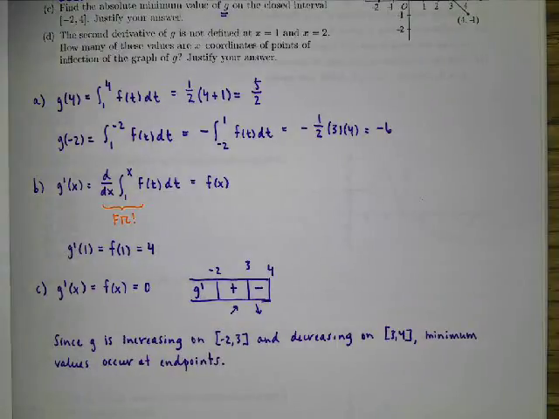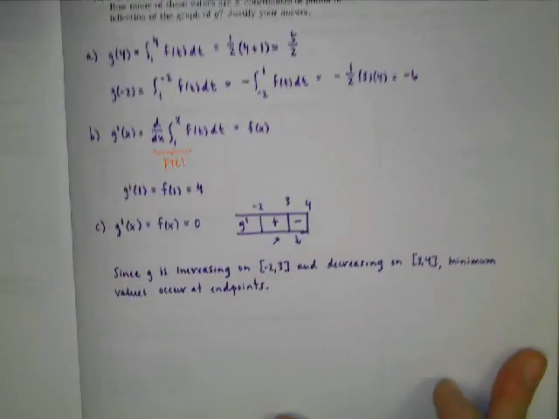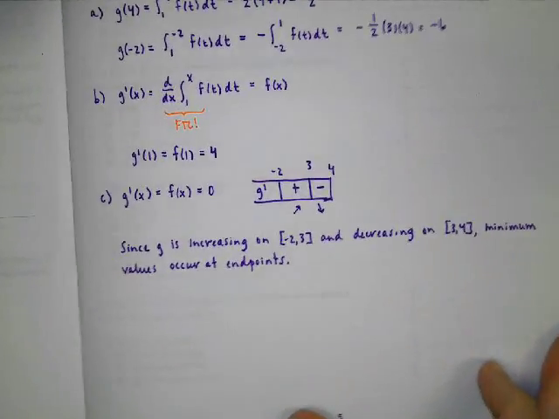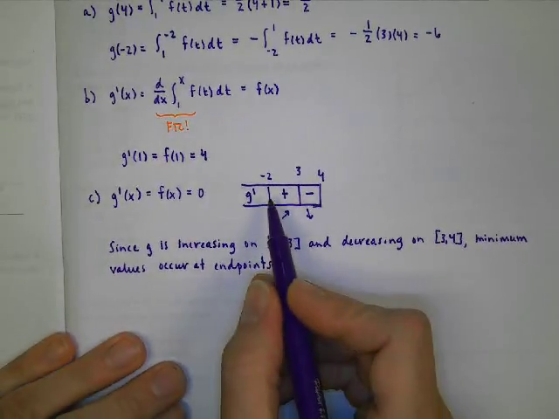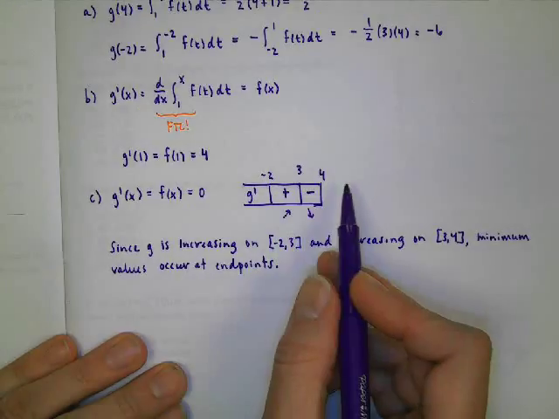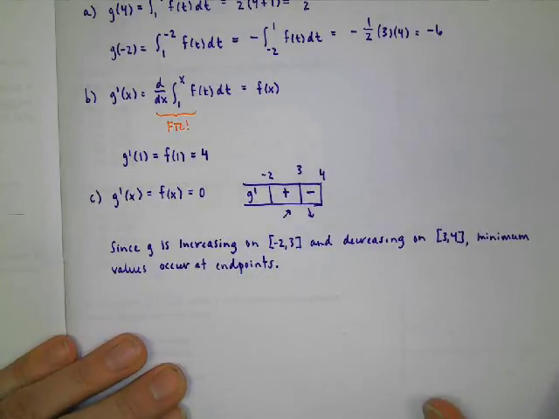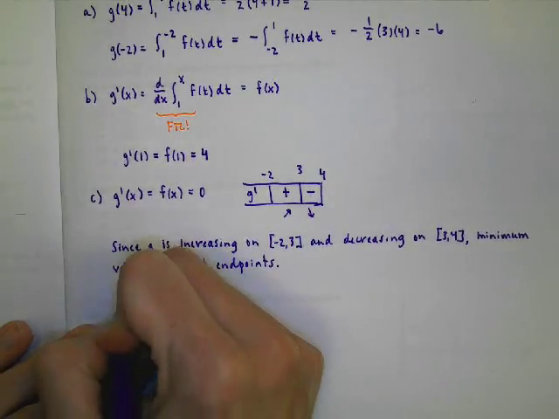So now, to figure out which one has the absolute minimum value, I need to actually calculate the values of g of -2 and g of 4, so I can compare those values.